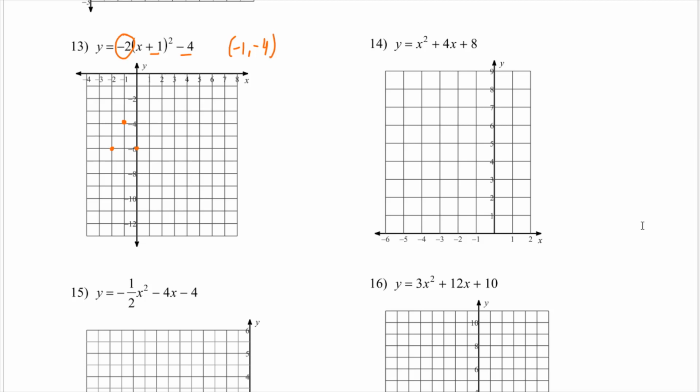And then in a normal parabola that hasn't been stretched, we would go down 4 and out 2. So what's twice as far as 4? It would be 8. So here's 4, 5, 6, 7, 8. And I always count from my vertex, not from the 2 points that I drew after the vertex.